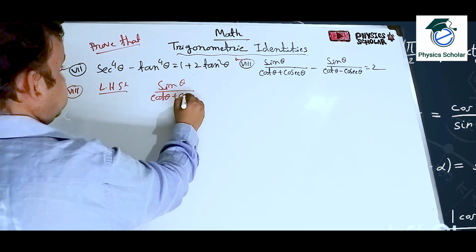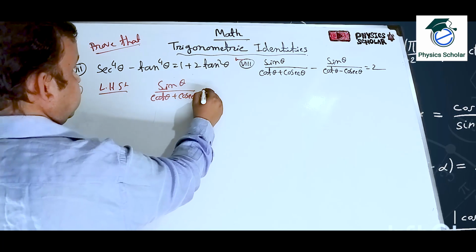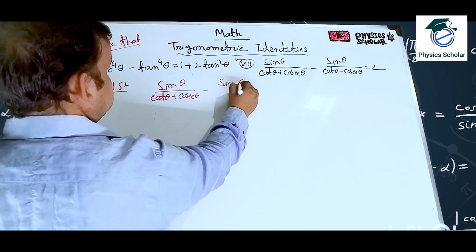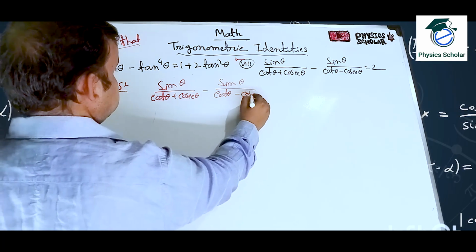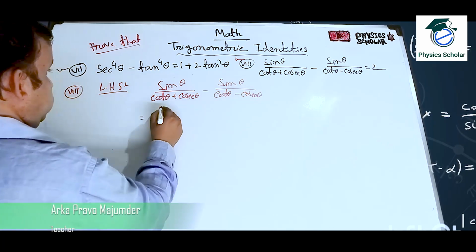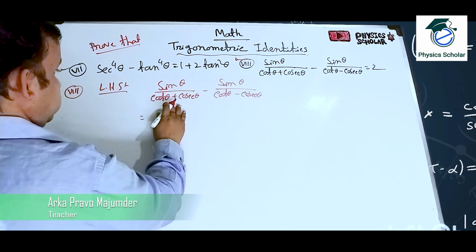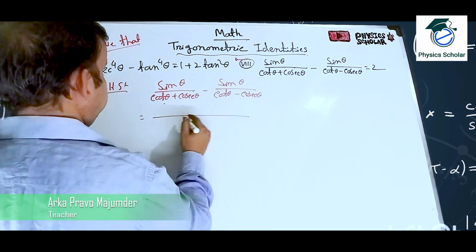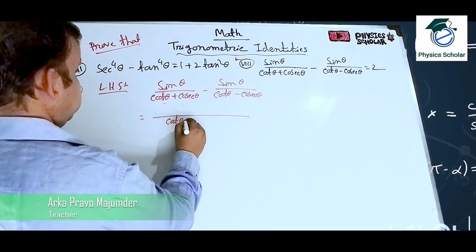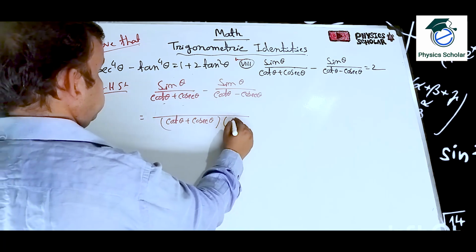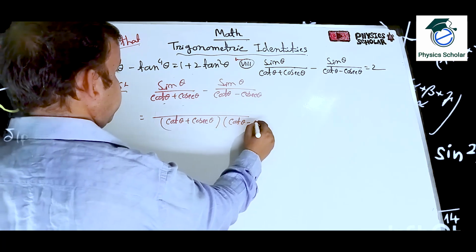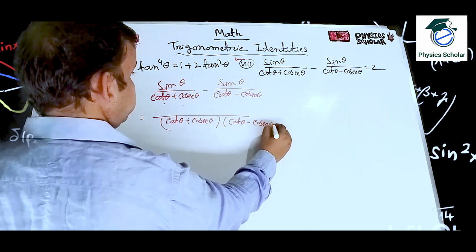cot theta plus cosec theta minus sin theta by cot theta minus cosec theta. So let us do the LCM. Cot theta plus cosec theta into cot theta minus cosec theta.